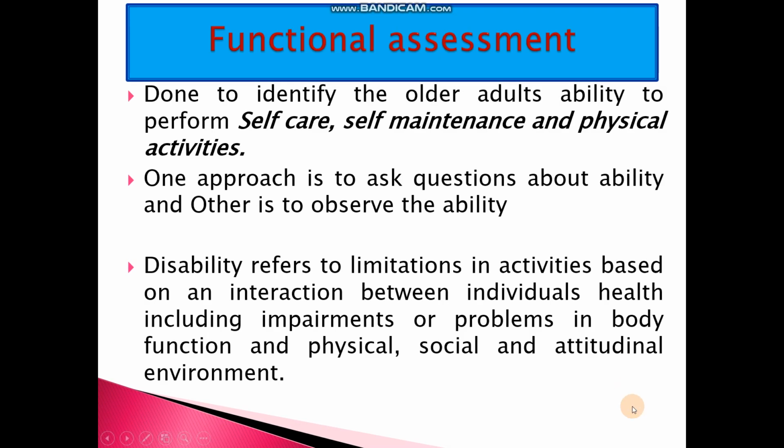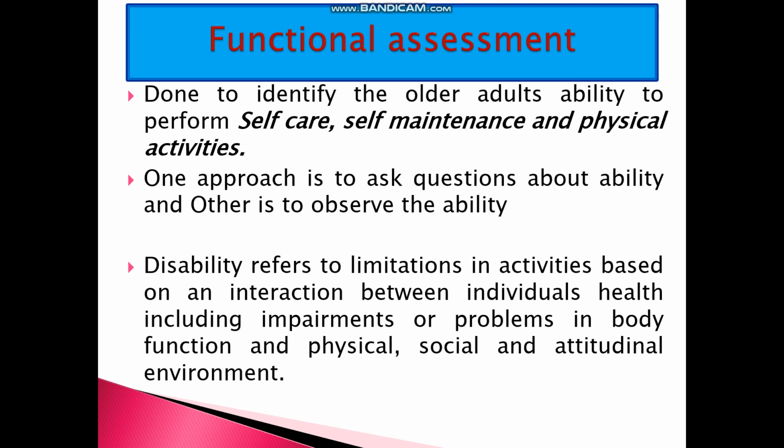Coming to each function, the first one is functional assessment. This functional assessment is done to identify the ability to perform self-care, self-maintenance, and physical activities. One approach is just to ask questions about the ability: what all things can you do?